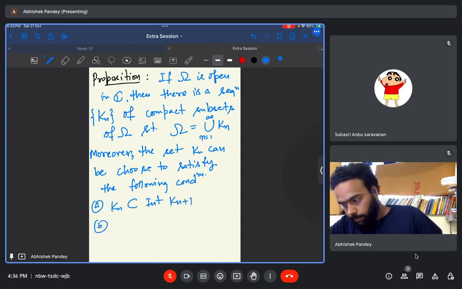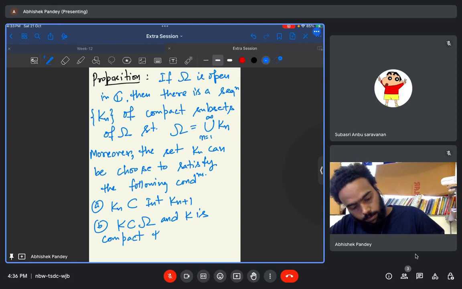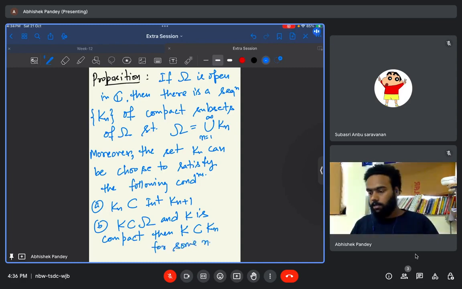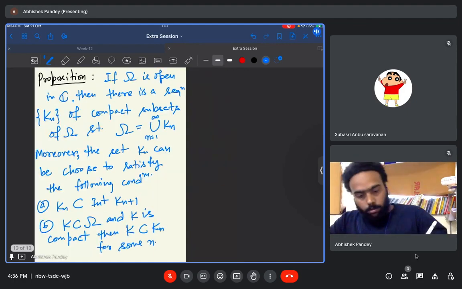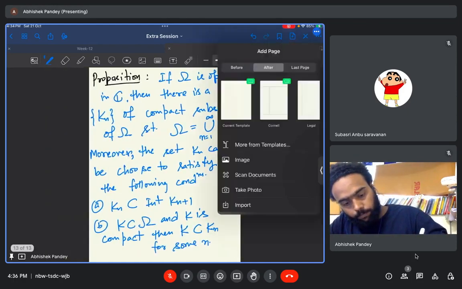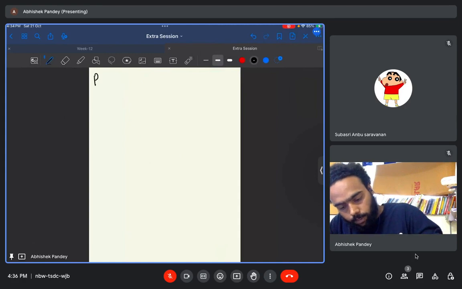B: if K is a subset of omega and K is compact, so you take any compact subset of omega, then K is a subset of Kn for some n. Okay, so we can choose this sequence Kn. Its proof one can go through in the Conway book.